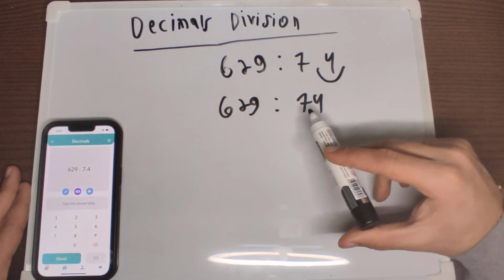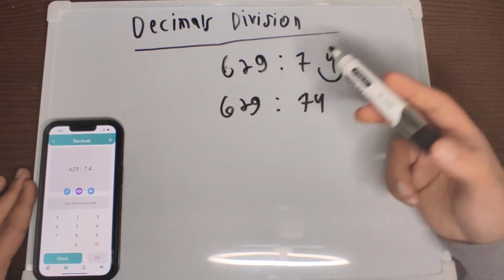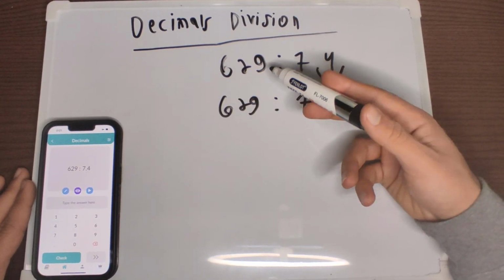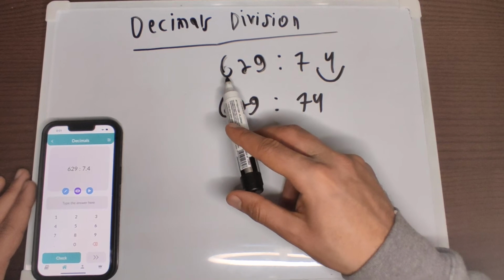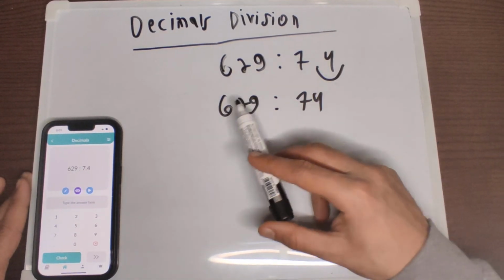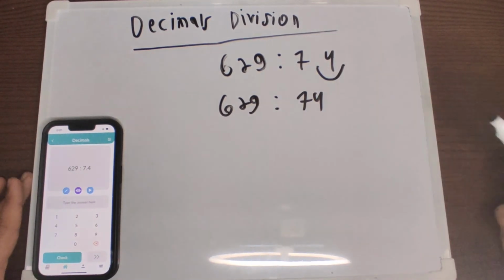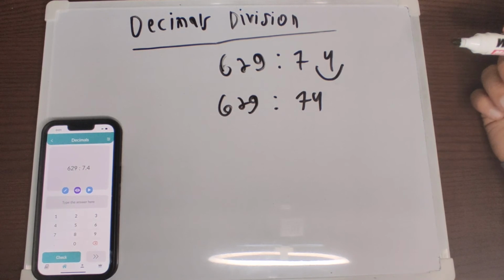629 divided by 74. But wait, it's not the same exercise. In this line, we can see 629 divided by 7.4. And in this line, it's the same number divided by a different number, 74. What did I do wrong?